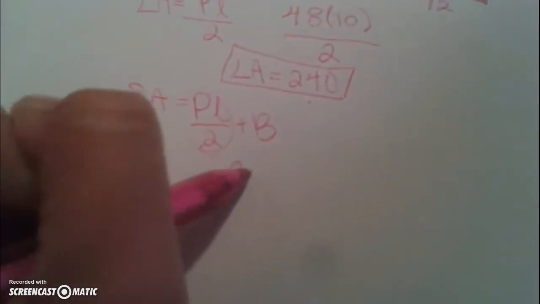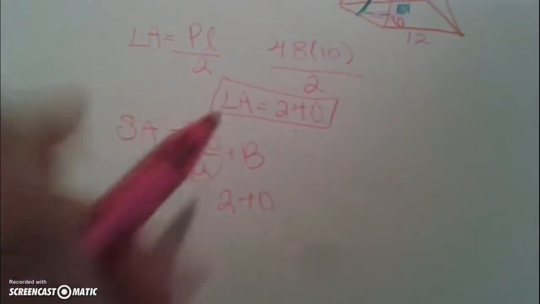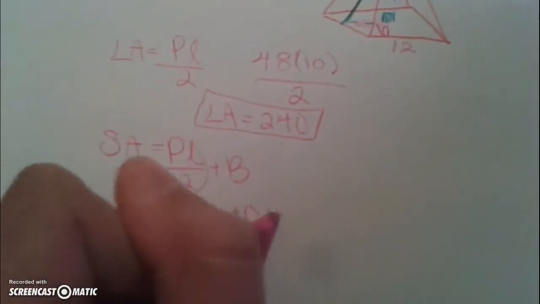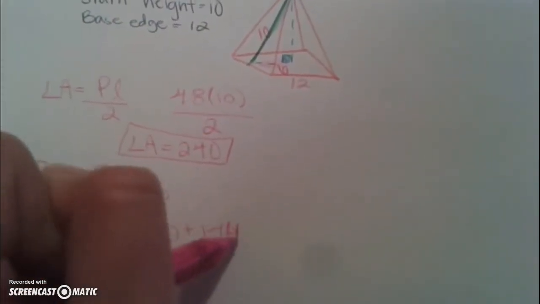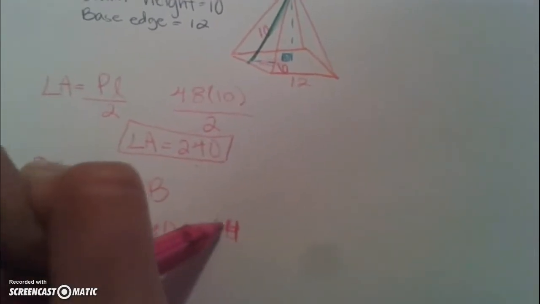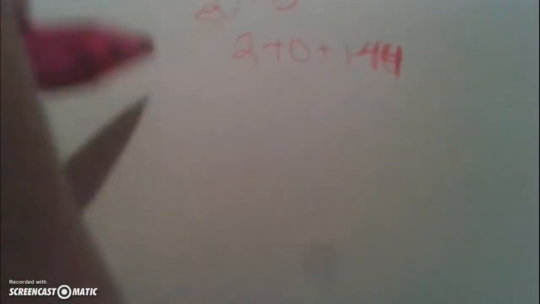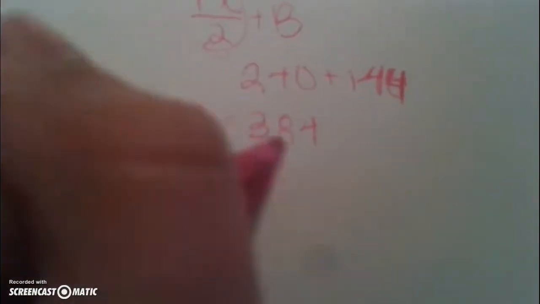So 240 plus 144, because this is 144 actually. You just do your base edge and square it, to get the area of the base. So surface area equals 384.